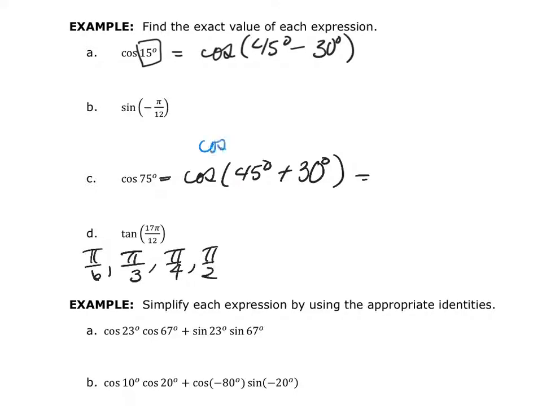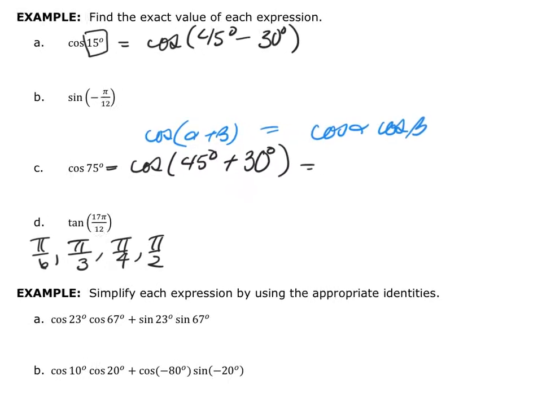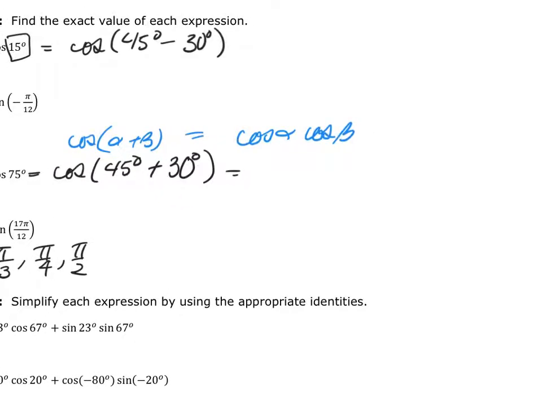If I have the cosine of alpha plus beta, this is going to be equal to the cosine of alpha, cosine of beta, and with the sum and difference, if this is a plus, then this will be a minus, because they're always the opposite signs for cosine. And so I'll have the cosine alpha, cosine beta, and then the sine alpha, the sine beta. This is alpha, this is beta.